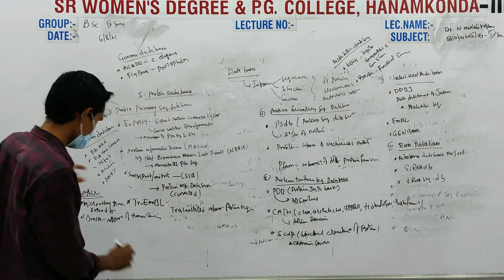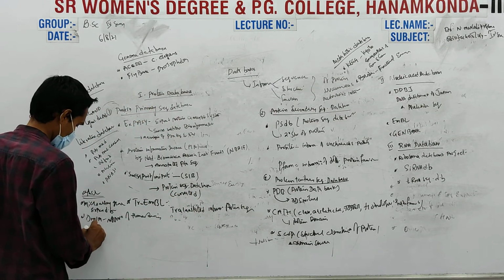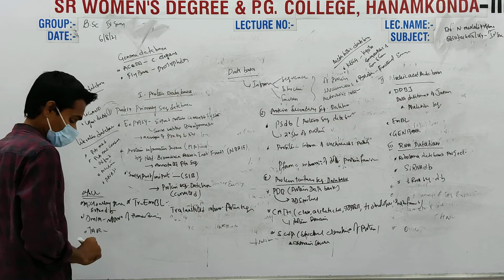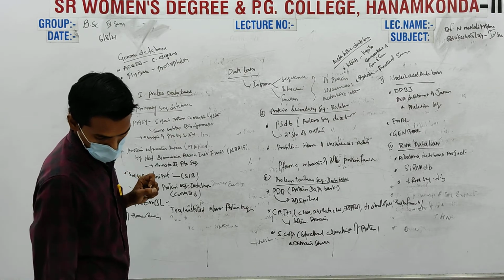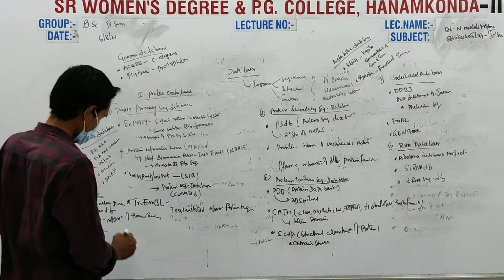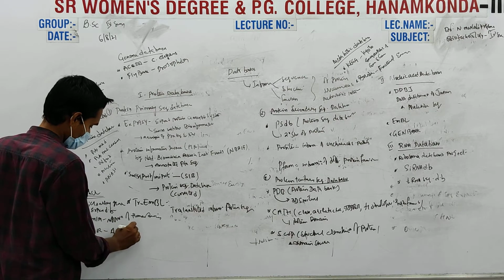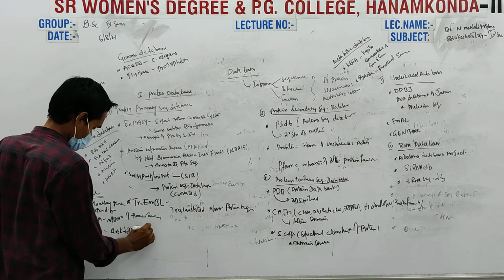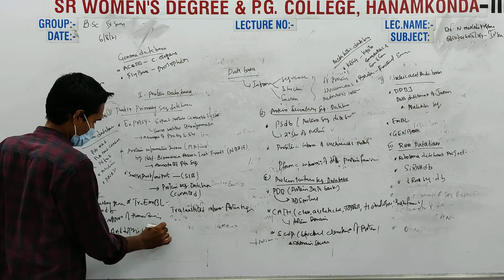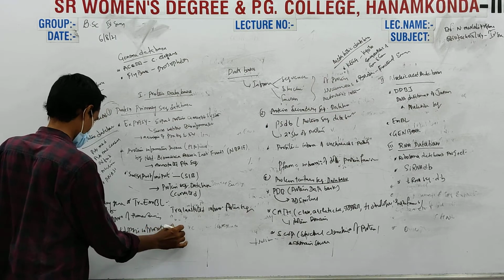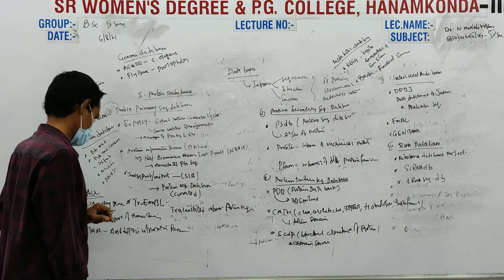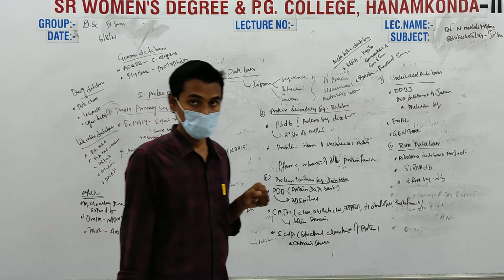Next, TAIR, the Arabidopsis Information Resource. So these come under other databases.